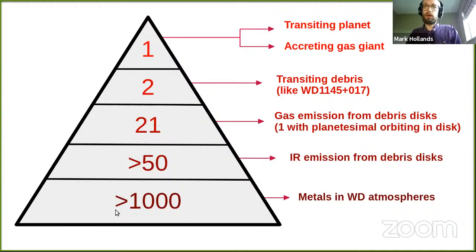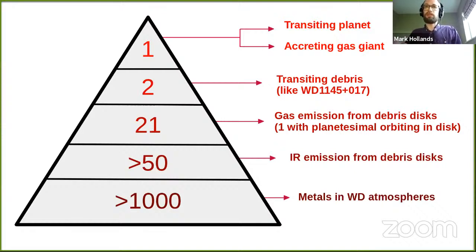But what we see a lot of in a lot of white dwarfs is just the metals in the atmosphere. And so I'm going to be talking mostly about these systems for the rest of the talk. But the fact that we find so many white dwarfs like this is really important to keep in mind. It really gives us the power to study a lot of systems and see some particularly interesting outliers. A couple of them I've already mentioned, but now we'll be seeing some new ones.